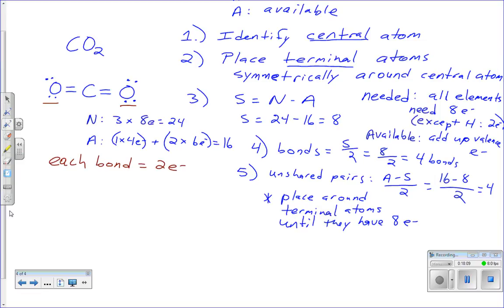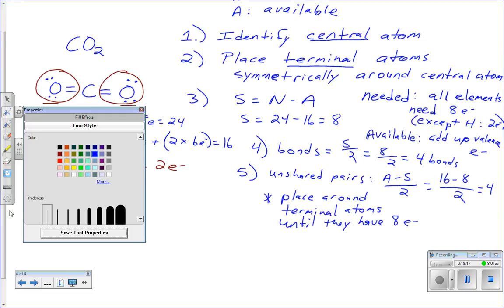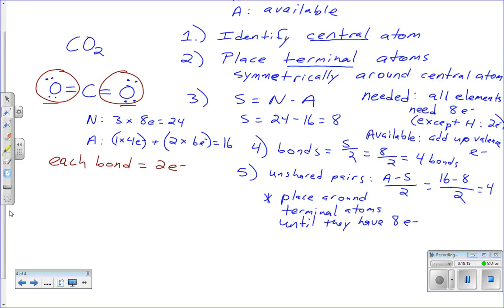So this oxygen now feels like it has 8 electrons. This oxygen now feels like it has 8 electrons. And the carbon in the middle, because it has 4 total bonds around it, and each bond has 2 electrons in it, feels like it has 8 electrons. And all of them satisfy the octet rule.